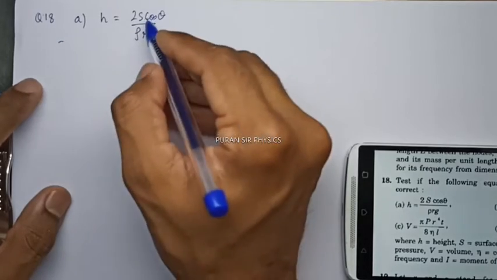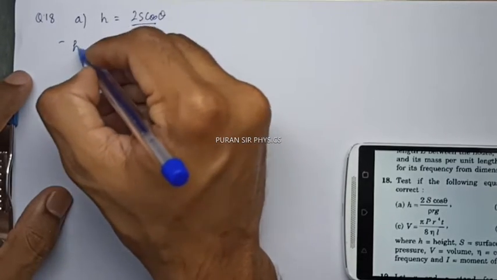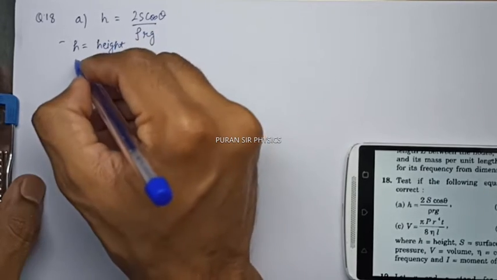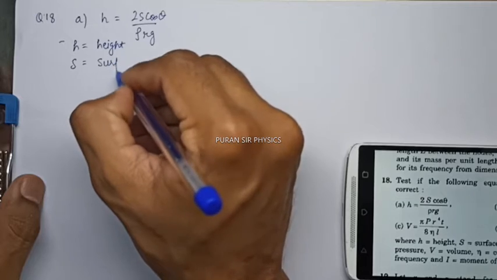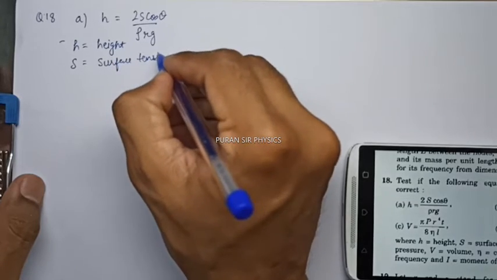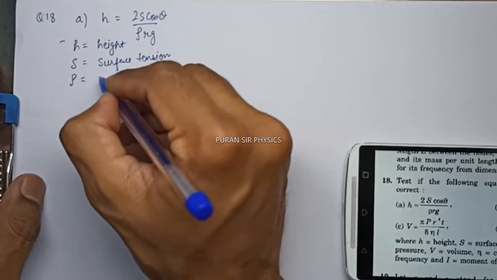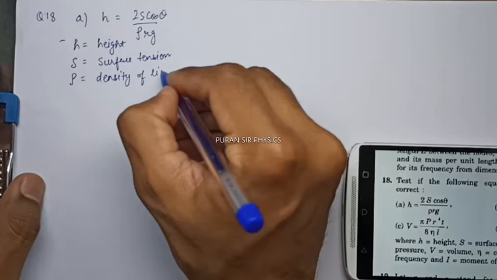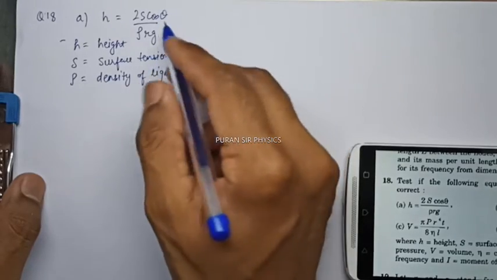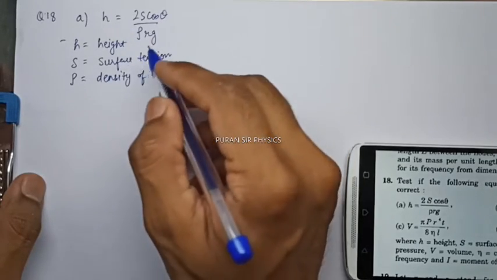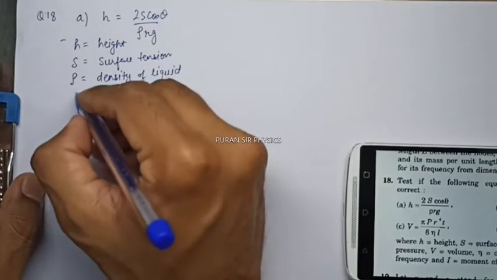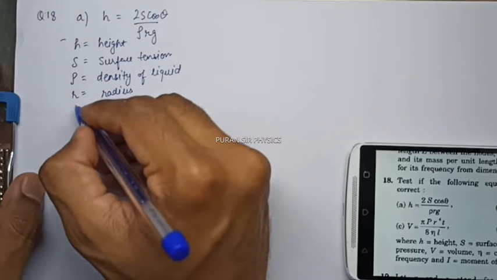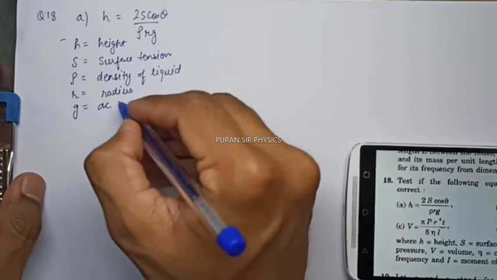First of all, let me write all the things. h is the height, S is the surface tension, rho is the density of the liquid, so we will study this thing in fluids. And r is the radius and g is the acceleration due to gravity.